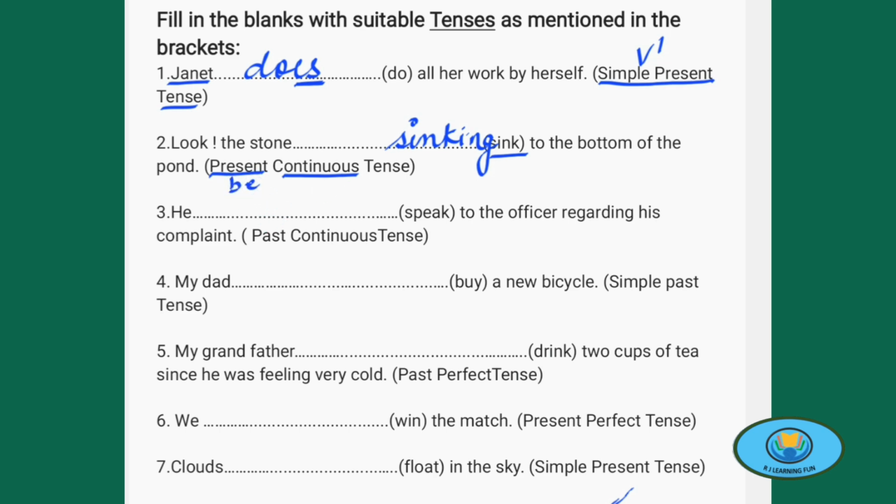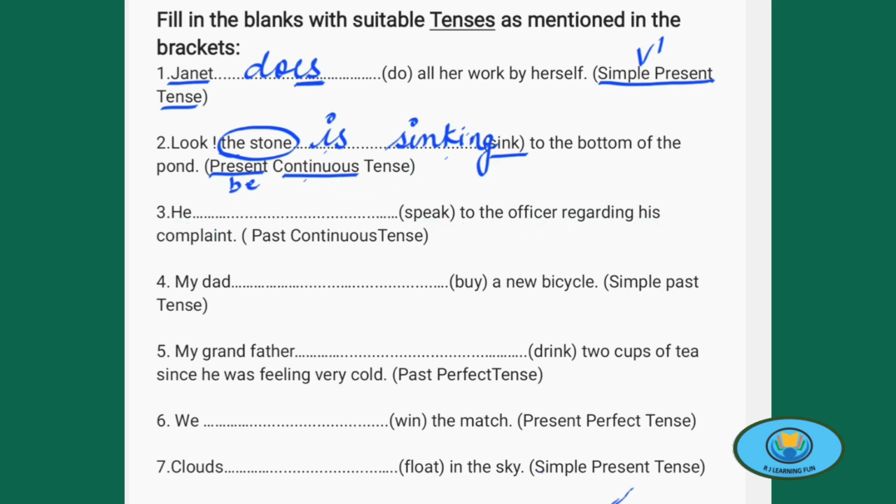And the be form of present tense is is, am, are. For is, the subject stone is singular, that's why is. So present means is, continuous means ing. So is sinking. Present continuous tense is is, am, are plus the ing form of the verb.